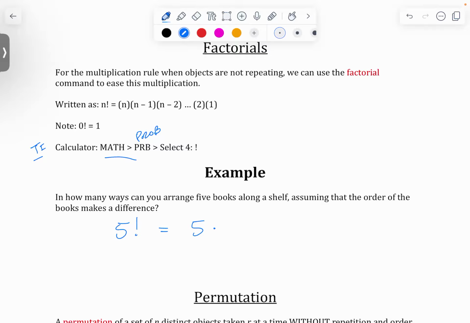I put one of the 5 books in the first slot. Then I have 4 books for the next slot. Then I have 3 books, then 2 books, then 1 book. That's what a factorial is. It's the reduction of that value times itself minus 1, all the way down. And that becomes 120 ways.